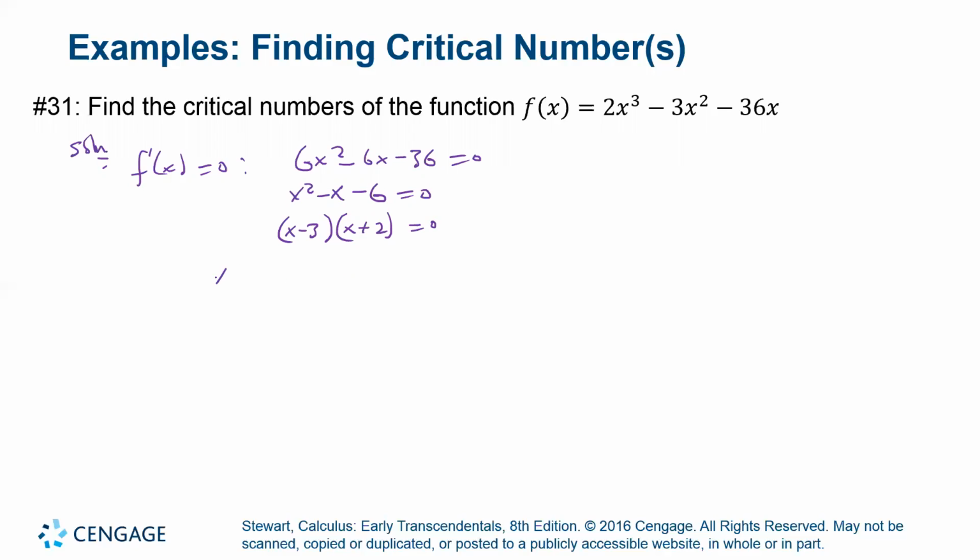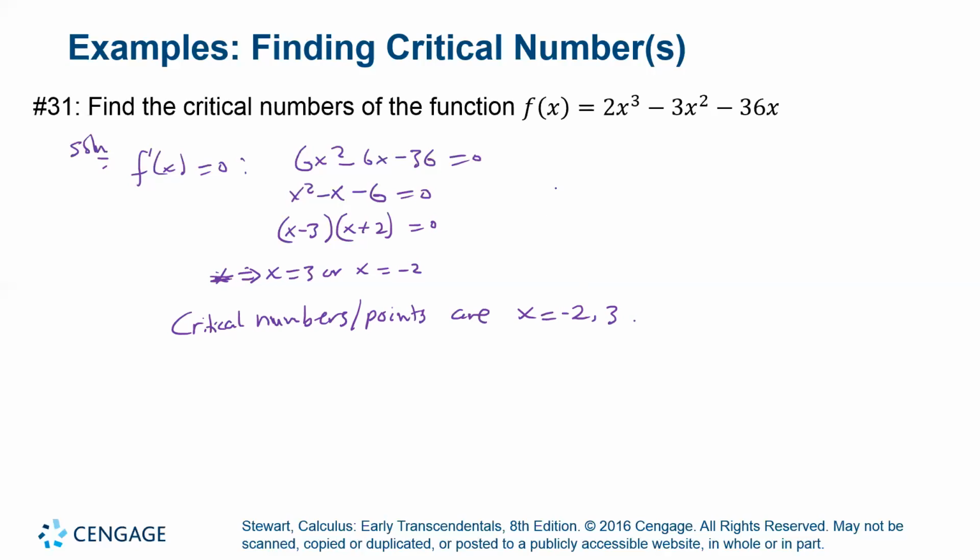Now that means that x is either equal to 3 or x is equal to -2. Therefore, in this case, these are the critical numbers. So my critical numbers, or sometimes we call them critical points, are x equal to -2 and 3. That's it.